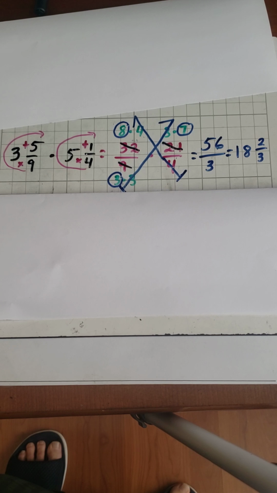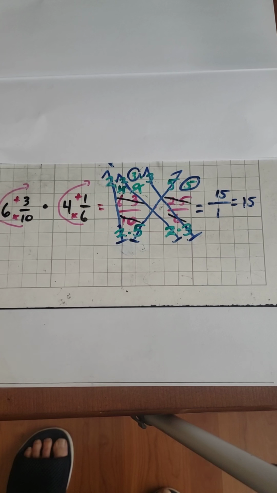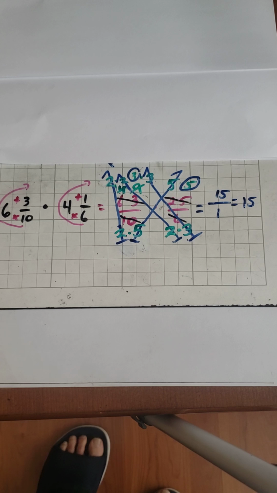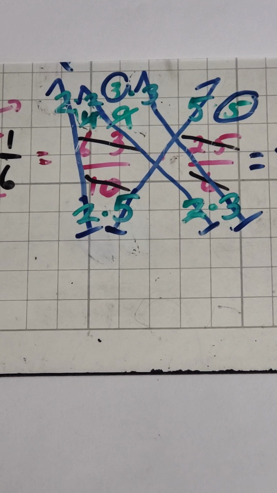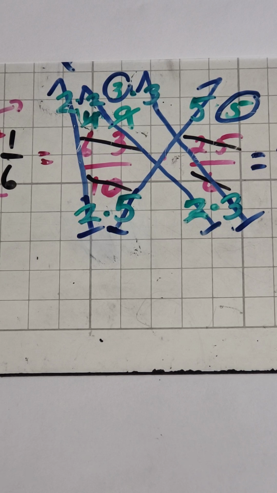All right, and one last problem to take a look at. So here you go. So again, I had to do the backwards C to make them improper fractions. And this one is a mess in here. In fact, I'm going to zoom in so you can see it a little bit bigger and then I'll zoom back out. All right, so this was one of those ones that you got to go slow.